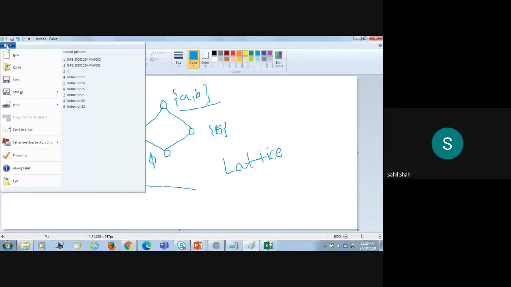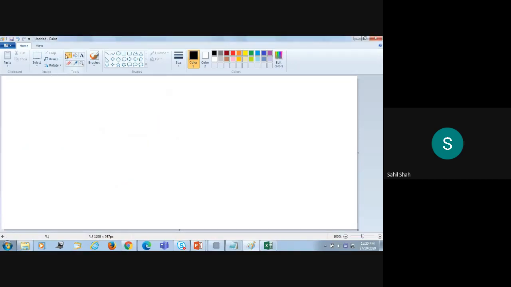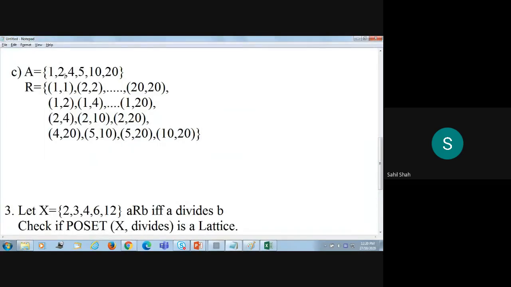Now let us try to draw the Hasse diagram for this relation R. Let me make it new. How many elements do we have in our example? 1, 2, 4, 5, 10, 20. And I should place them accordingly. 2 should be placed above 1. 4 should be placed above 2.